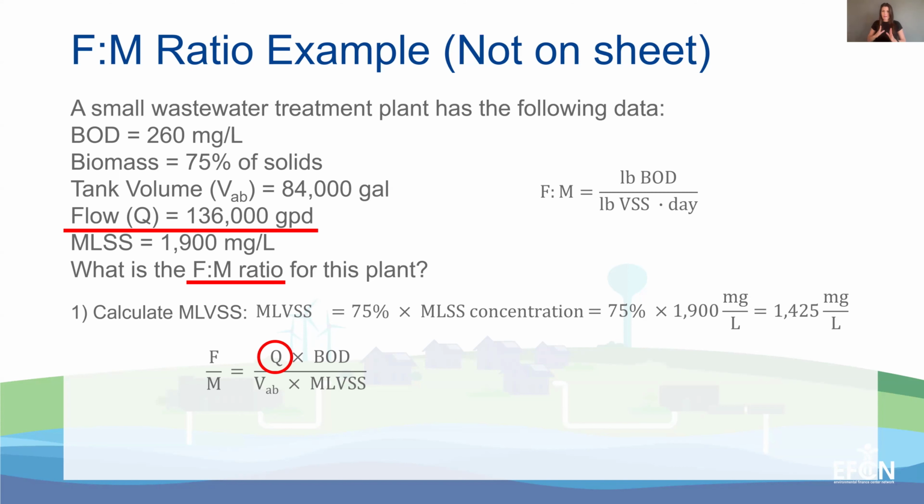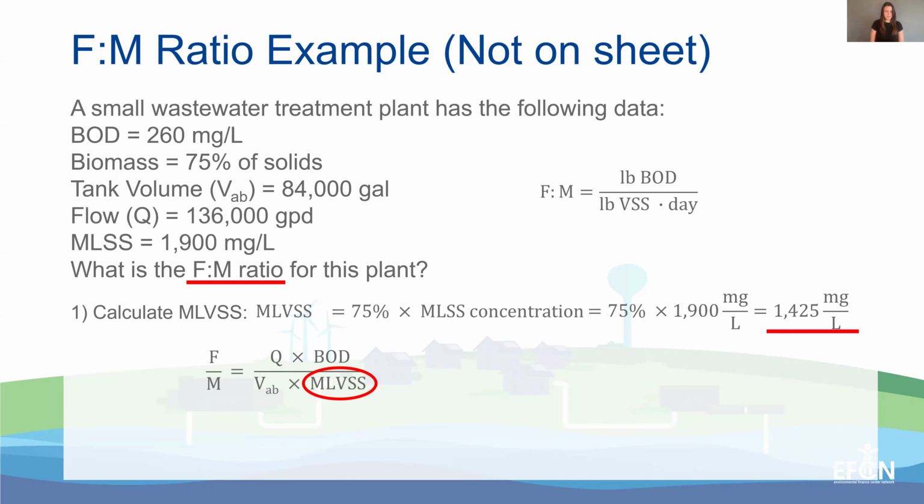So we already have my flow. It's in gallons per day, 136,000 gallons per day. We have my BOD concentration of 260 milligrams per liter. We already have my tank volume of 84,000 gallons, and the concentration of living suspended solids will be that 1,425 milligrams per liter.